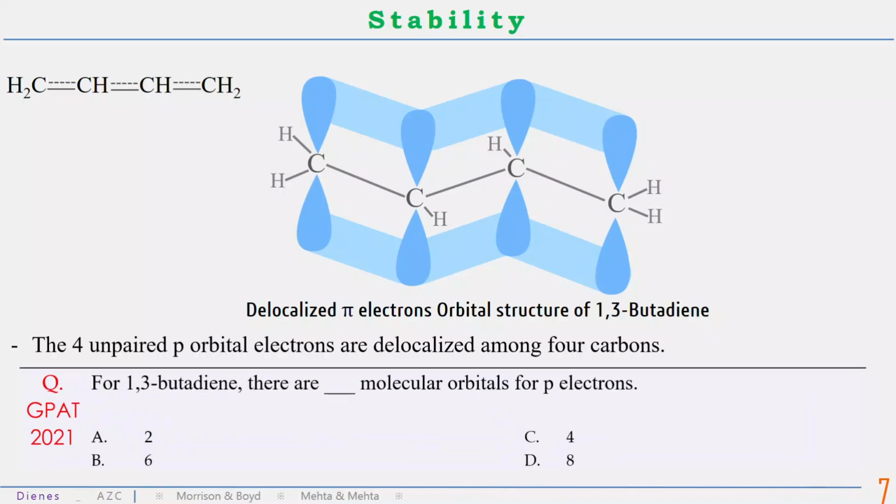Choose the correct option for MCQ. For 1,3-butadiene there are blank molecular orbitals for p electrons. Answer is 4.